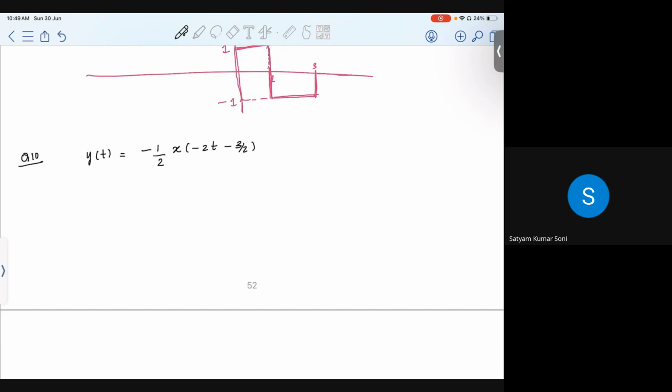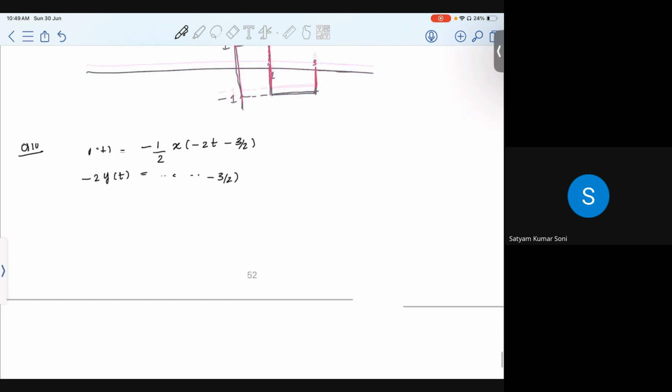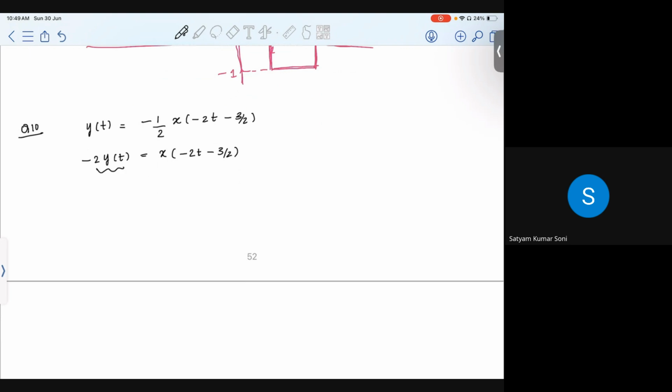When I multiply both sides by minus 2, minus 2 times y of t is nothing but x of minus 2t minus 3 by 2, right? Now, let me call this y1 of t. y1 of t is x of minus 2t minus 3 by 2, alright?